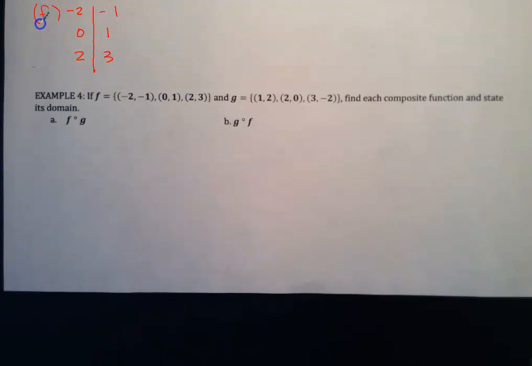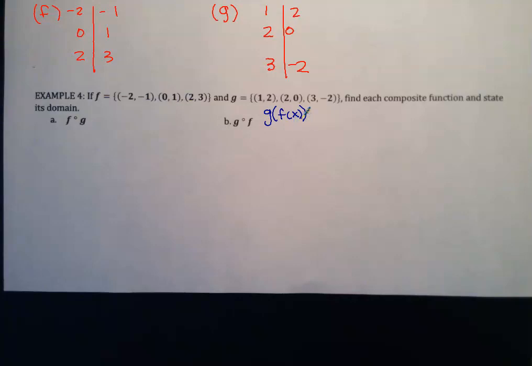And these are my f values. Then my g values over here are 1, 2, 2, 0, and 3, -2. We'll see if this will help us a little bit in the next step. Okay, so the next one is g of f of x.